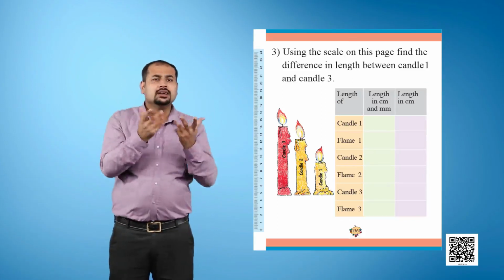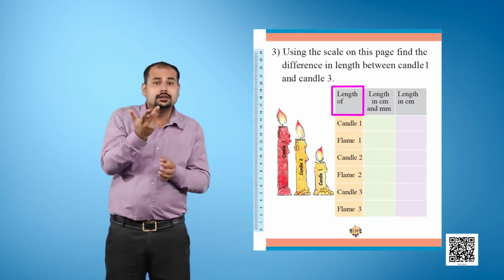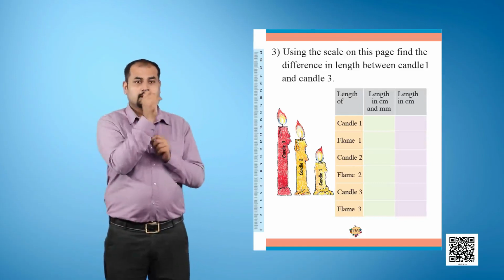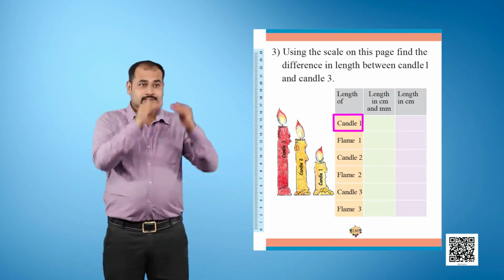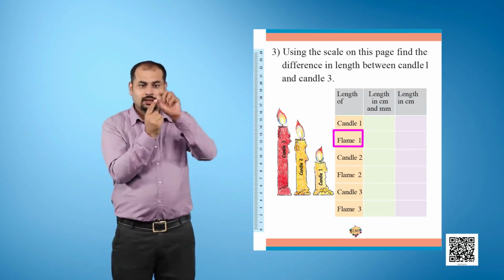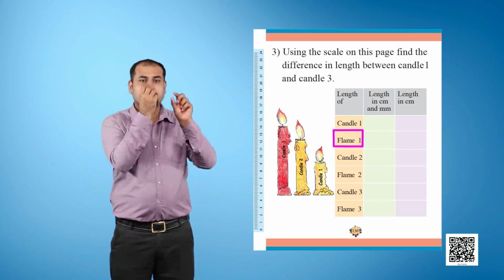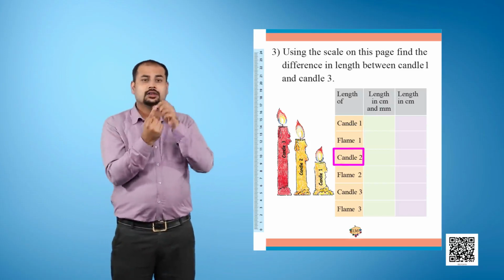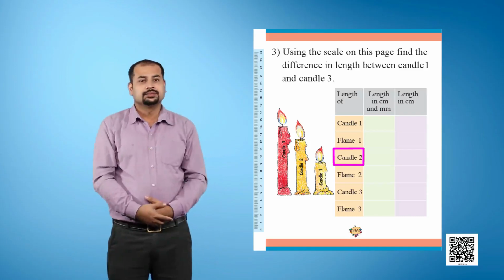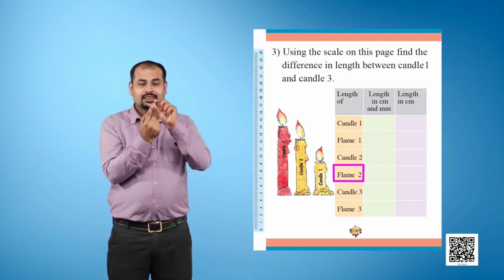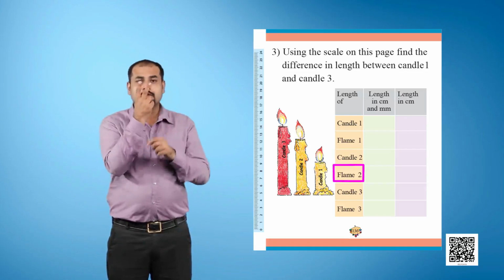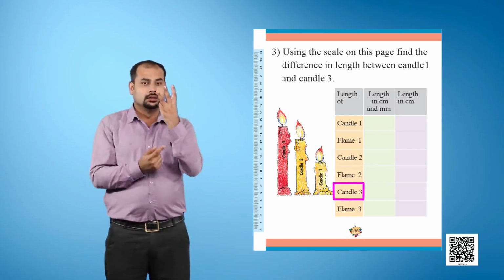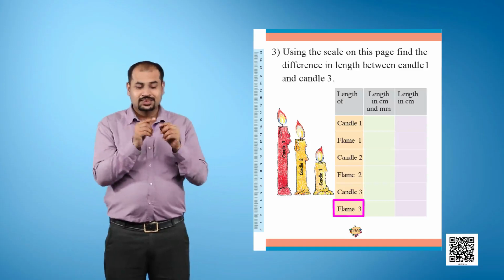Column 1 heading is length of, and then the rows read as candle 1, flame 1, candle 2, flame 2, candle 3, flame 3.